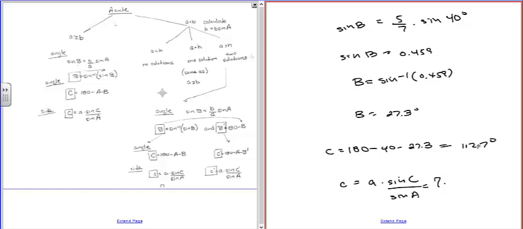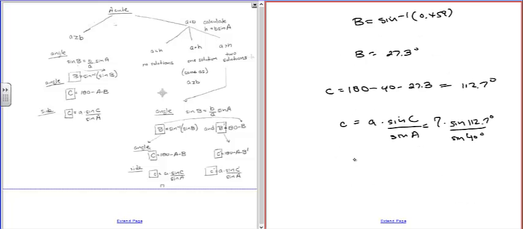Now, because angle C is greater than angle A, this side C should be the longest one. So I get C is equal to 7 times the sine of 112.7 divided by the sine of 40.